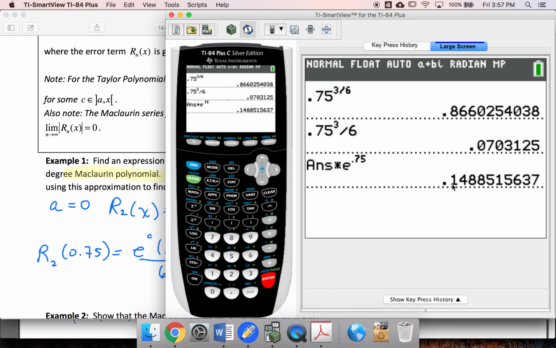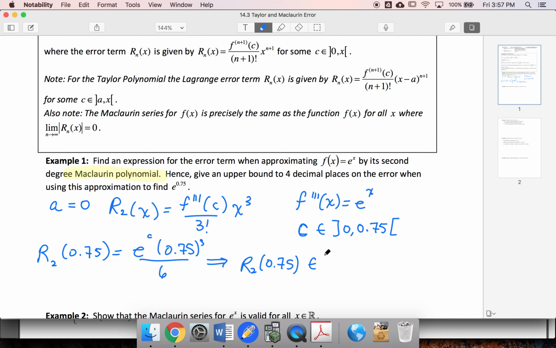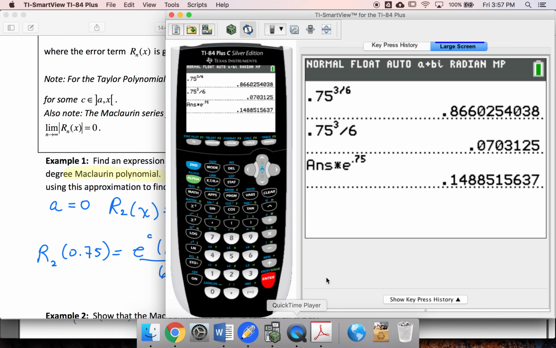So here's my error bounds. I'm going to be between 0.0703 and 0.1489. It said, give an upper bound to 4 decimal places. This one is going to be my upper bound because it's the greater of the two.